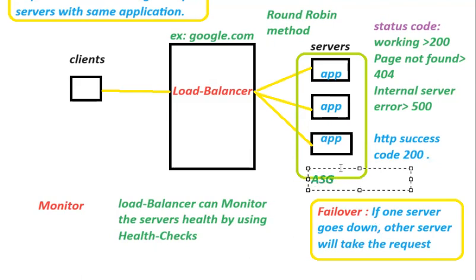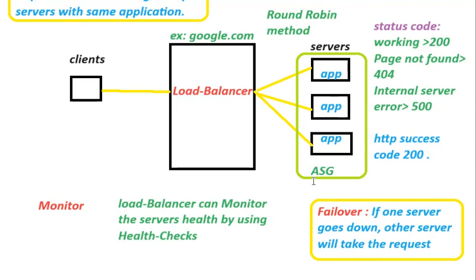In AWS, we can overcome the failure of all my application servers by using an auto scaling group. In this auto scaling group, we need to set how many minimum servers and how many maximum servers need to be running.